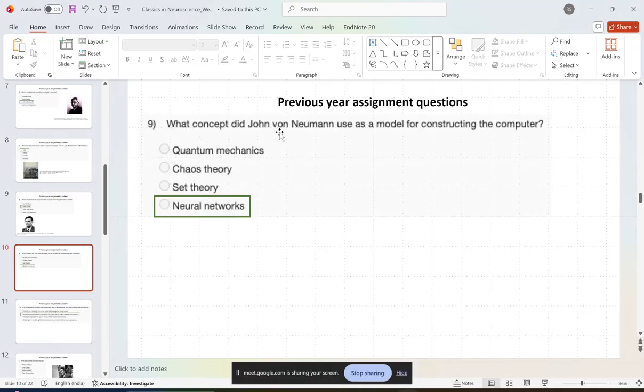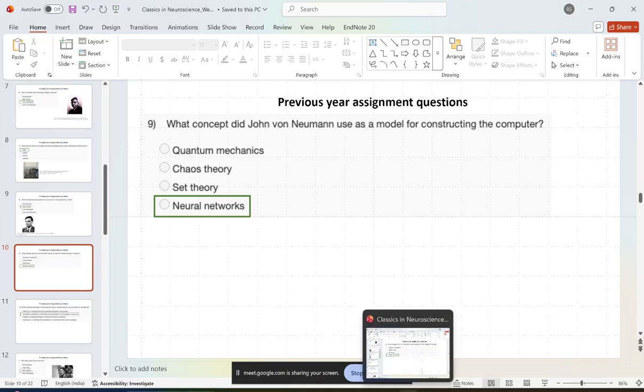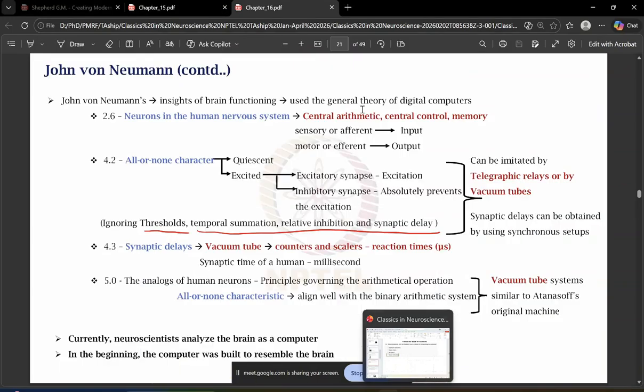So, what concept did John von Neumann use as a model for constructing the computer? He used the model of neural networks, the oversimplified version of which was proposed by others.